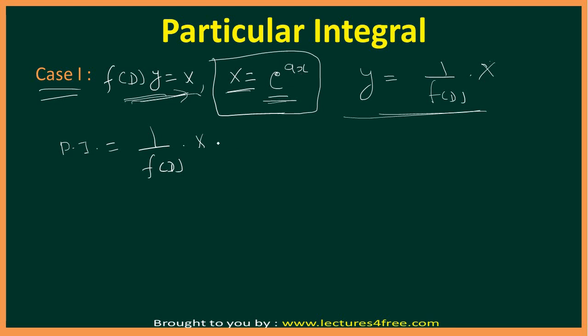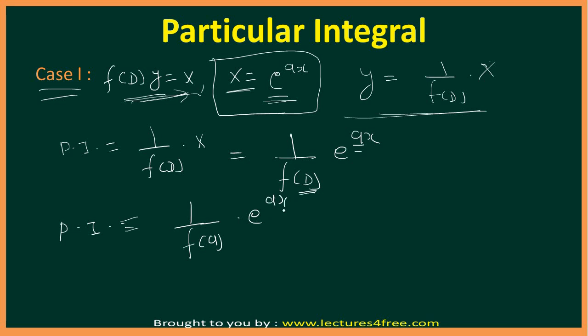our solution will be 1 upon f(D) e to the power ax. The particular integral is obtained by replacing D with a, wherever D appears in the equation. So we get the solution 1 upon f(a) into e to the power ax.